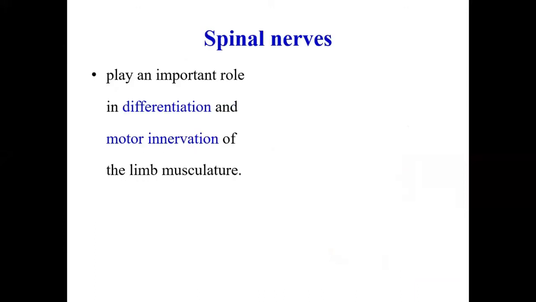Spinal nerves. Spinal nerves play an important role in differentiation and motor innervation of the limb musculature. That means when the muscle develops, the spinal nerves play an important role in its functional differentiation.